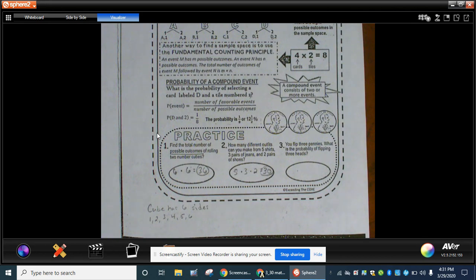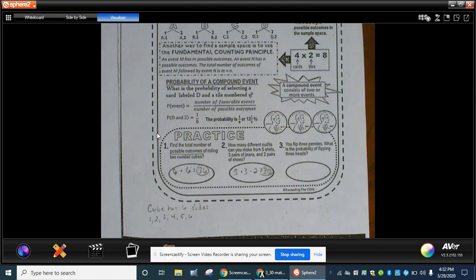All right. So let's say you flip 3 pennies. What's the probability of flipping 3 heads? Well, can you tell me the probability of flipping 1 head if I take that first penny? The probability of flipping a head on 1 penny is 1/2. 1 out of 2 chances, 50%.